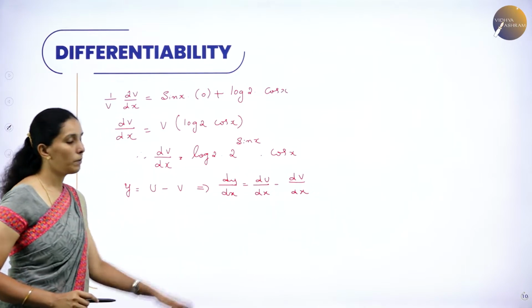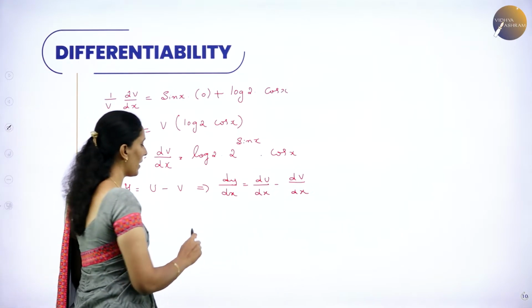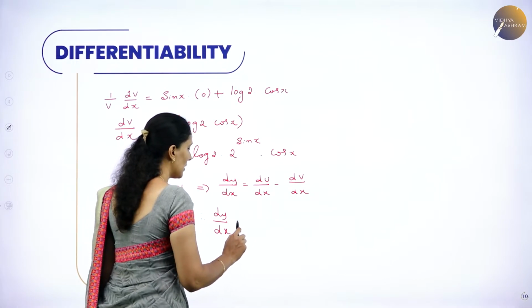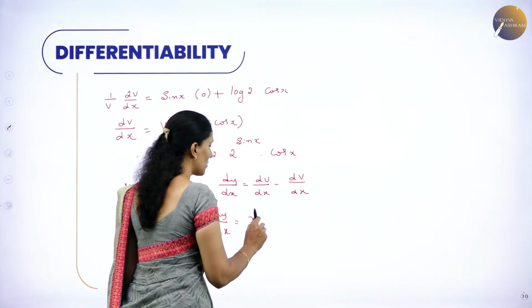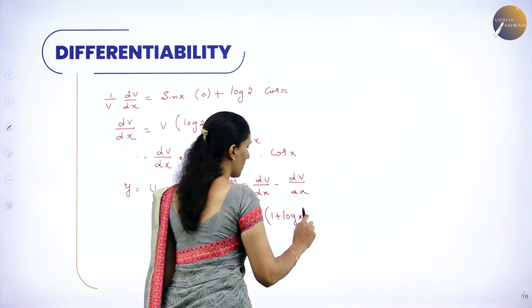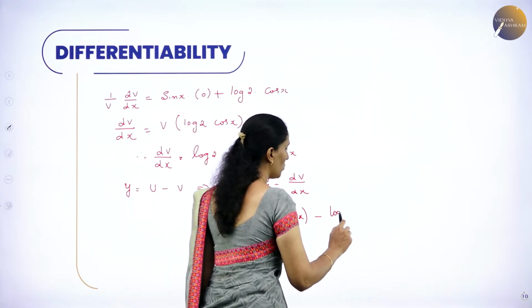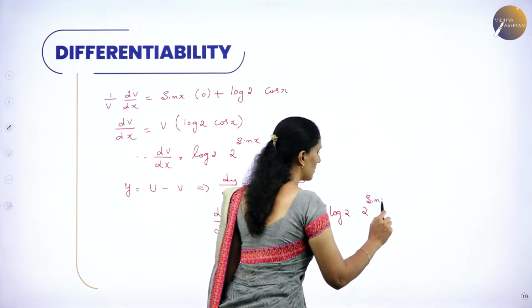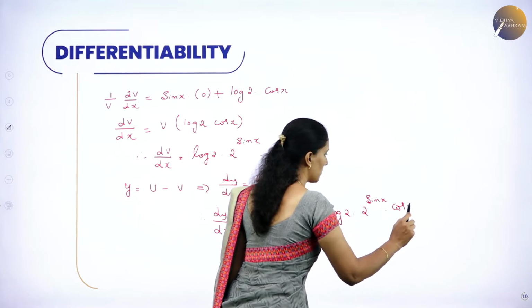So now we have got both du by dx and dv by dx. So therefore, dy by dx is here x to the power x into 1 plus log x minus log 2 into 2 to the power sin x into cos x.